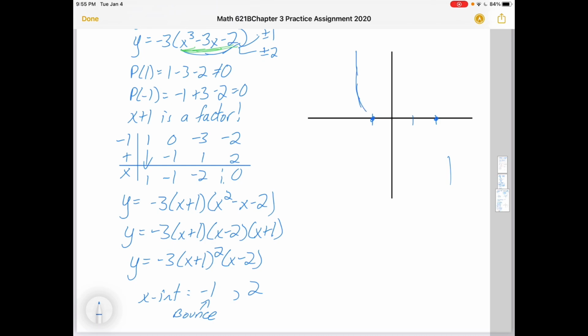And I know what happens is it bounces off, and then it just goes regularly through. Something like that. Okay. And I'll show that the y-intercept is 6. And that's a pretty good look at the graph.